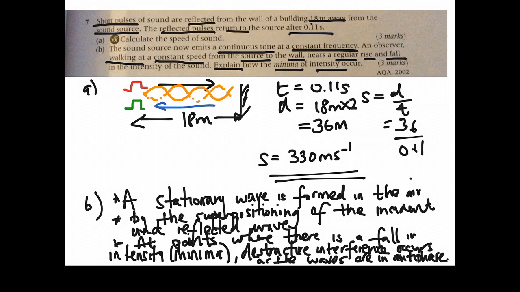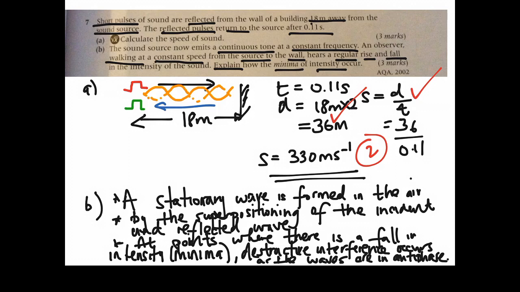Just to look at where the marks are coming from. So for the first part, make sure that you use the right formula, but also you don't get caught out with the distance. You use the distance as 36 meters. Okay, so a final value with the right significant figures comes out as 330 meters per second.